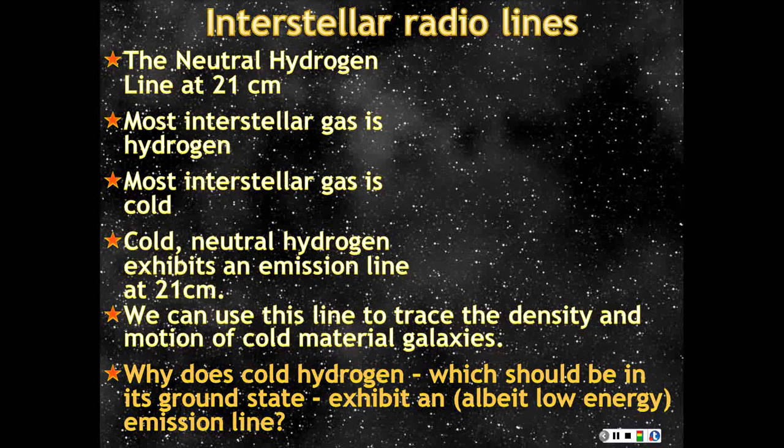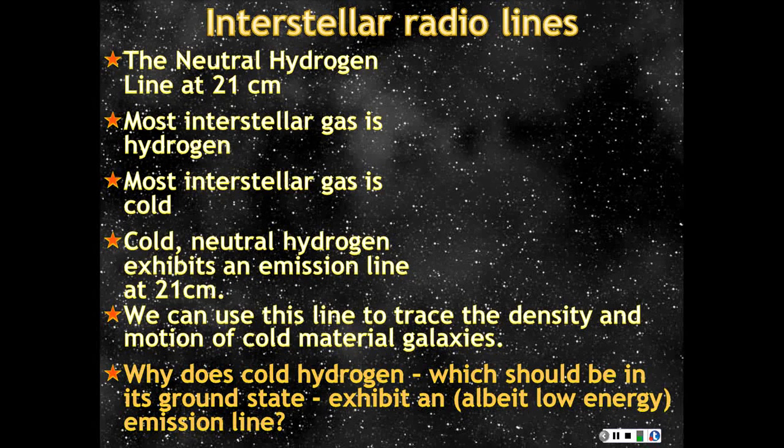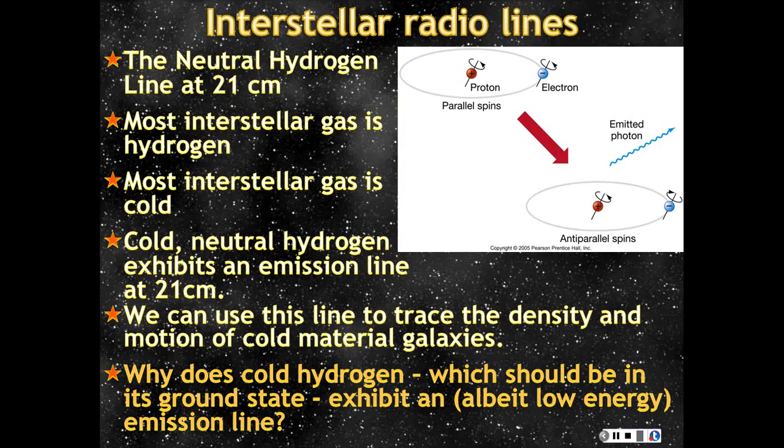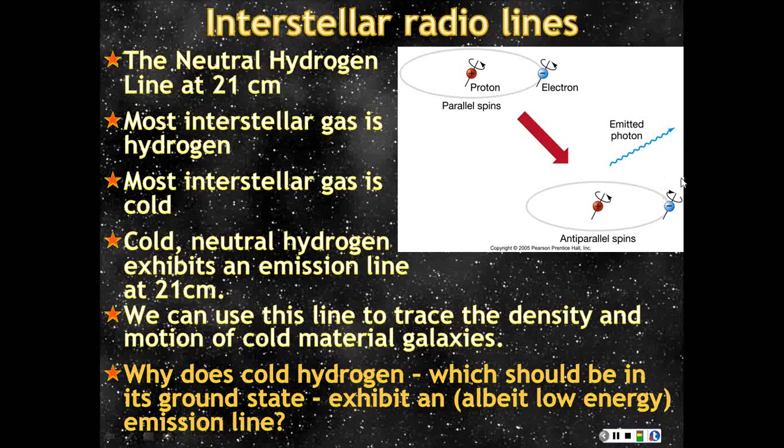Now, the question is, why does cold neutral hydrogen give off radio waves? It's actually to do with the structure of atoms and the fact that electrons and protons have spin. So here we have a proton spinning this way, and an electron spinning this way. It would be in a very slightly lower energy level if this electron flipped upside down. So now it's flipped upside down, spinning the other way.